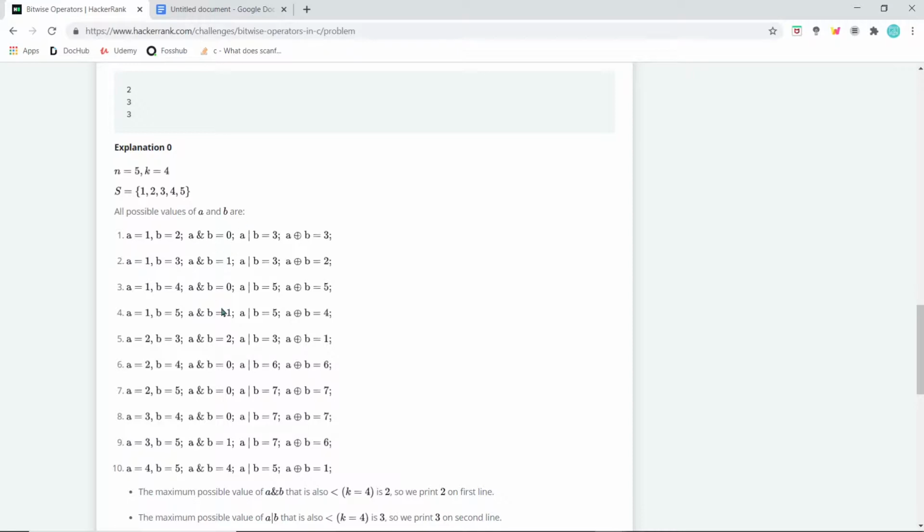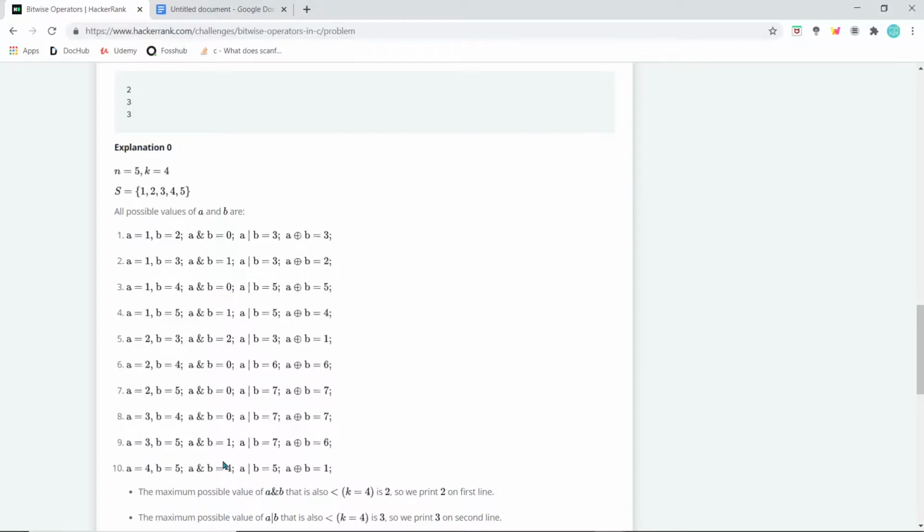Now we'll check the maximum value that we are getting for AND, for OR and for exclusive OR, right? So first we check in the AND column. The largest value here we have is 4. Here we have 4 in the 10th possibility of calculations, and since we want the value of the result to be less than k is equal to 4, so the value of 4 won't be considered, since 4 is not less than 4.